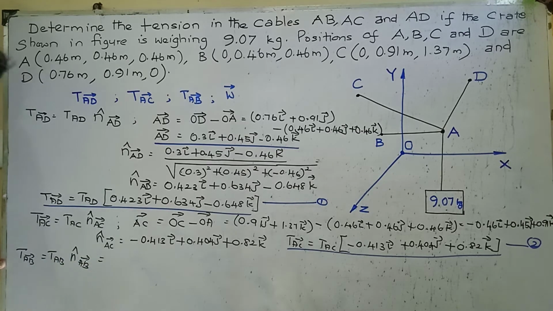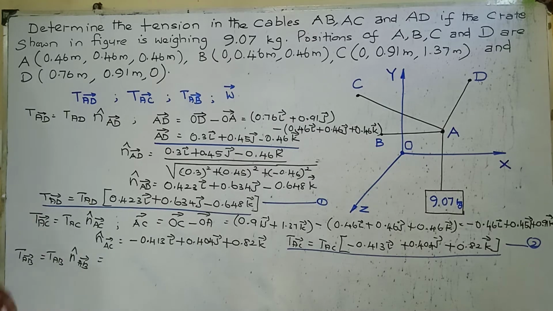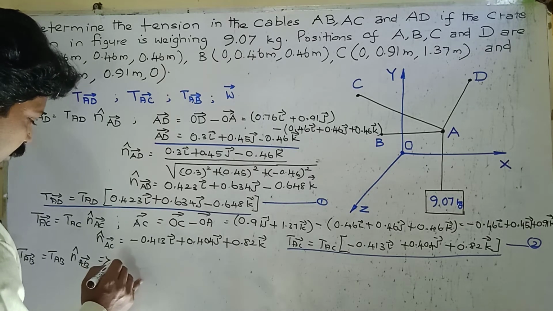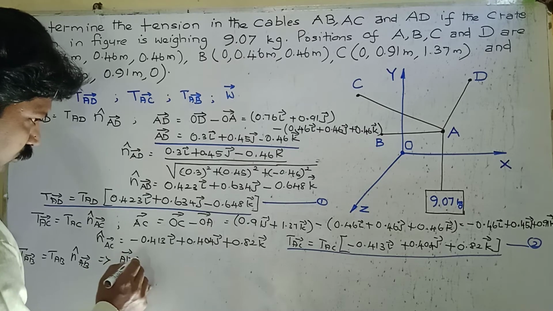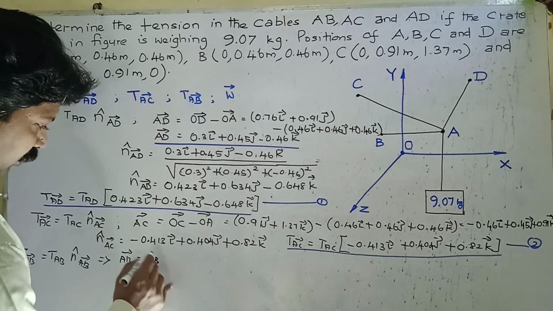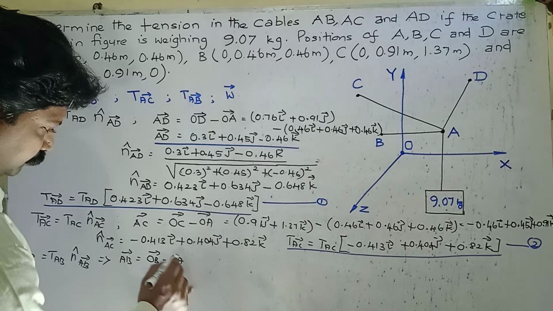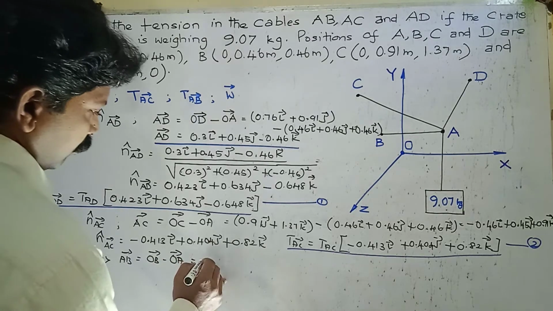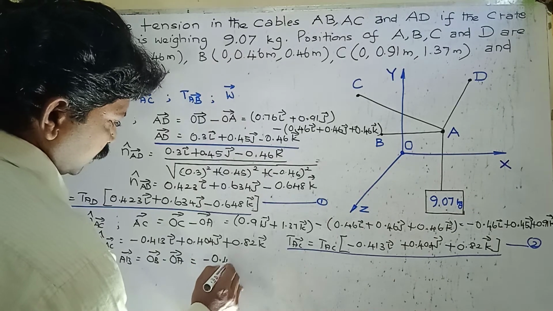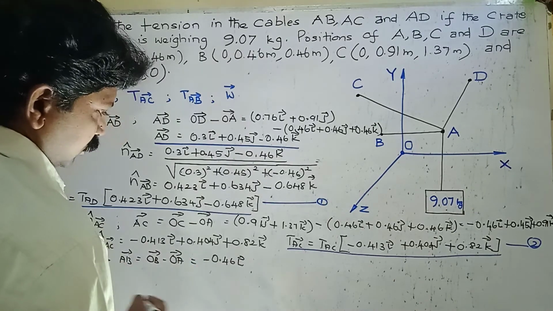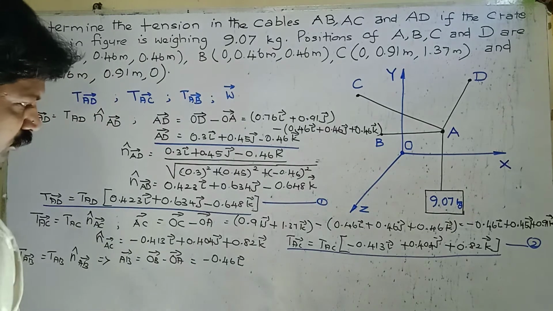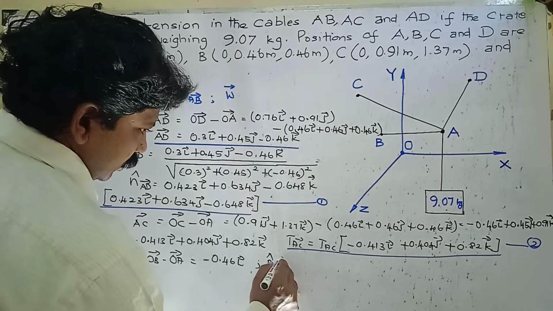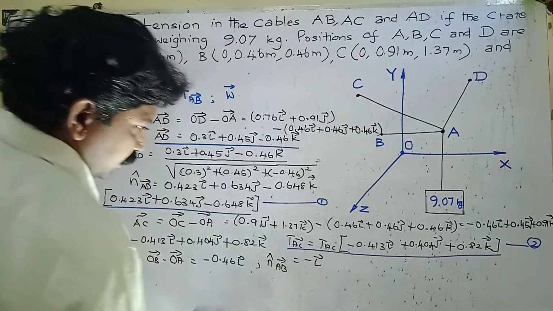So first you have to find the AB vector, which equals OB vector minus OA vector. From that, the AB vector equals minus 0.46 I vector. So n cap of AB vector equals minus I vector.